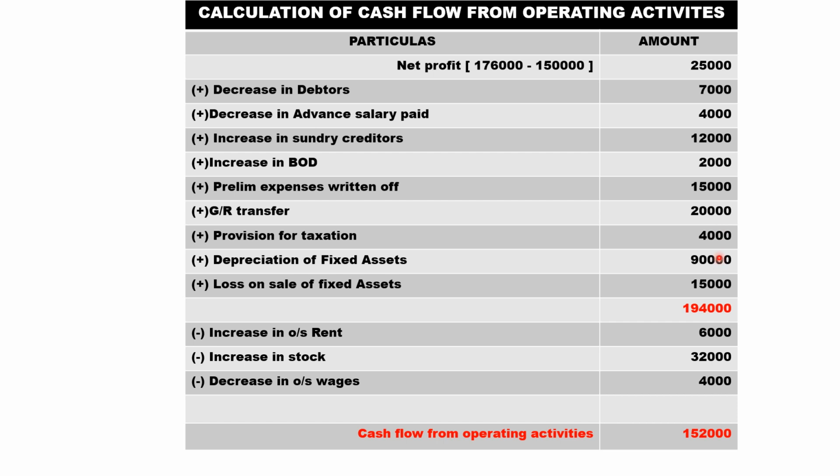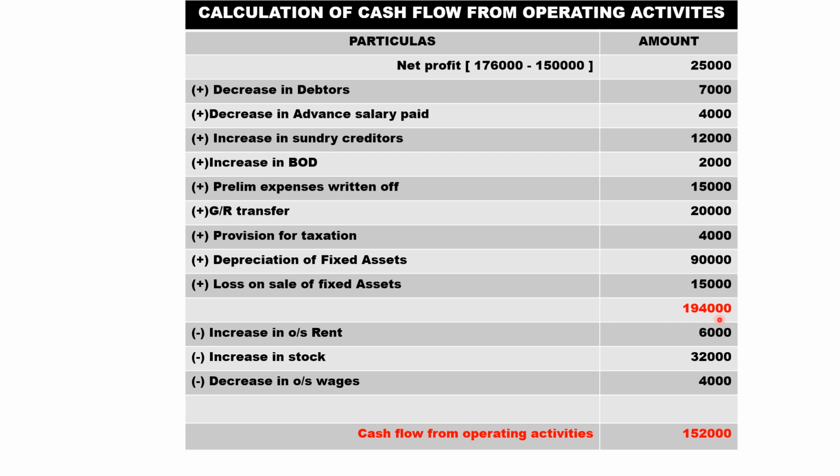Next, provision for tax 4,000, the new provision created. Depreciation on fixed asset should be added. Loss on sale of fixed asset should be added. So you get 1,94,000.